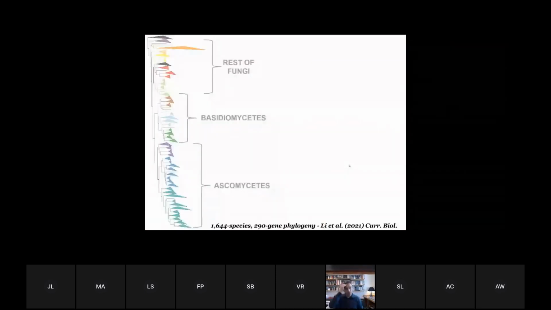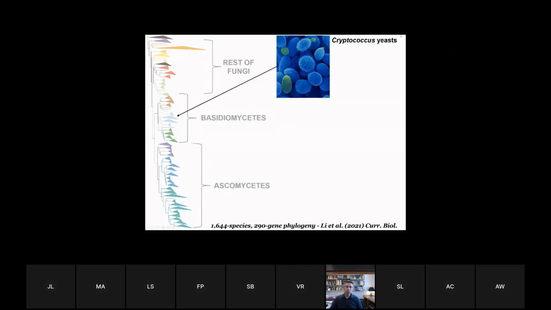Now, this lifestyle has evolved multiple times in the evolution of fungi. And so if we take this fungal phylogeny, you may be familiar with Cryptococcus yeast. It's one of the common and major human pathogens, especially of immunocompromised individuals, and they belong to the Basidiomycetes.